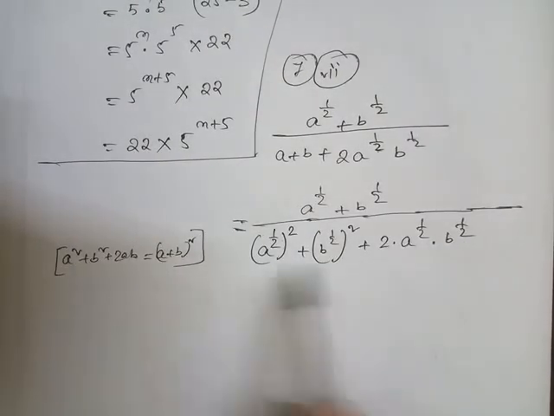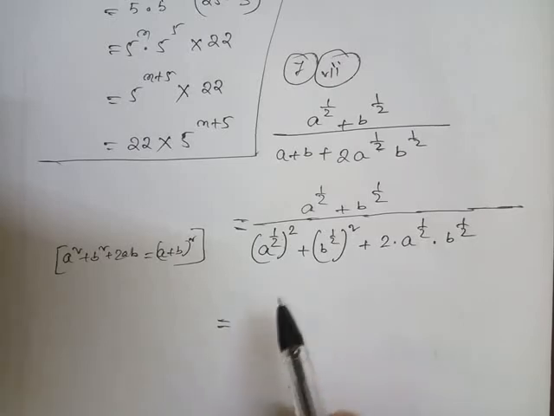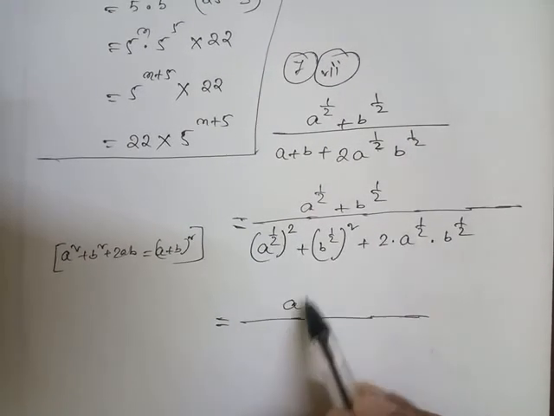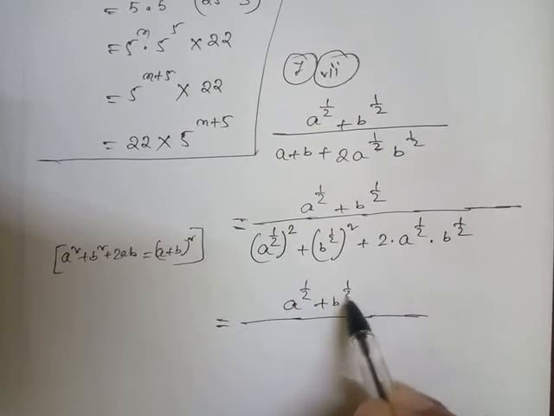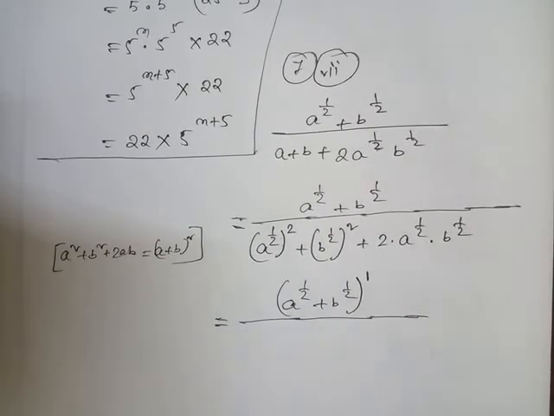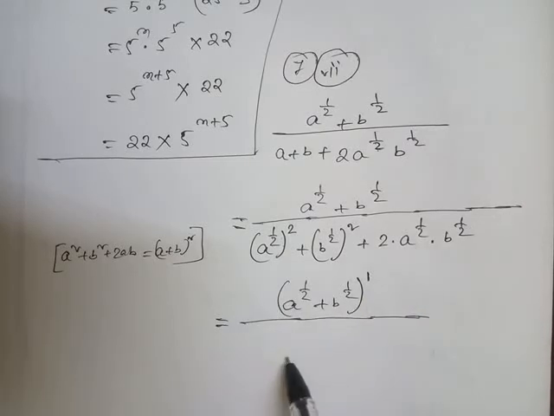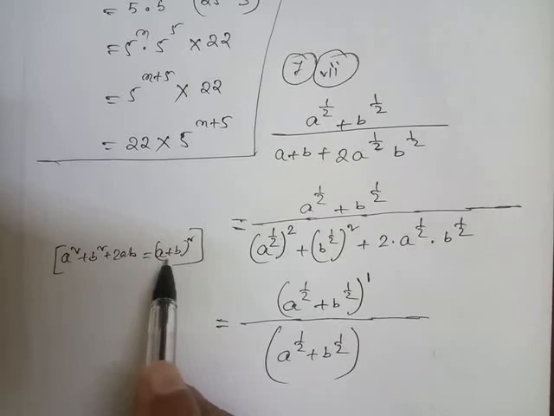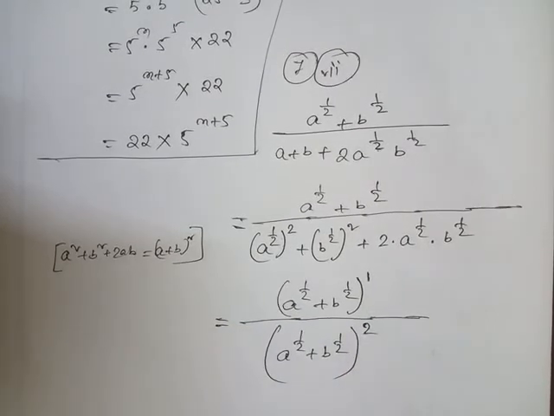So now comparing with this formula, we can write here a to the power half plus b to the power half, there is nothing meaning power 1, and this can be written as a to the power half plus b to the power half, and look, a plus b whole square, so written here whole square.